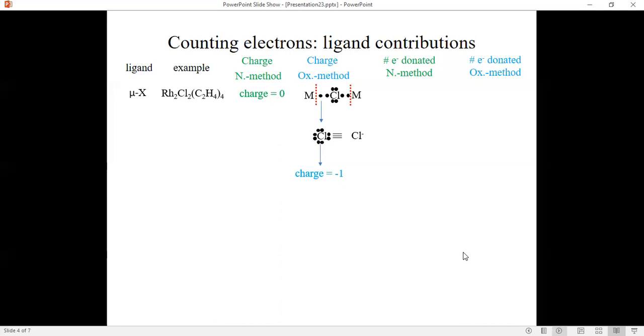So what would you do? It would be 2. How would you cleave the bonds? Both of them? Yeah.